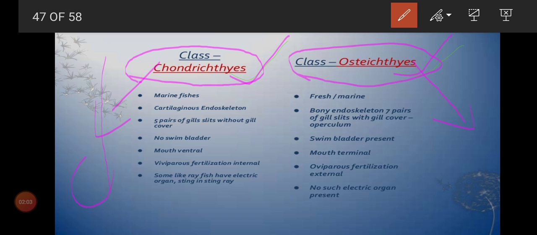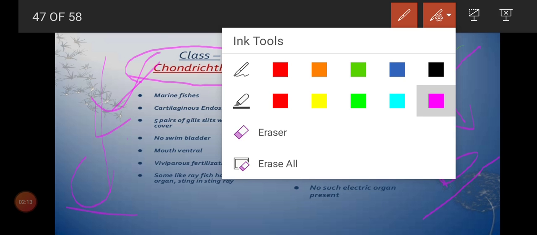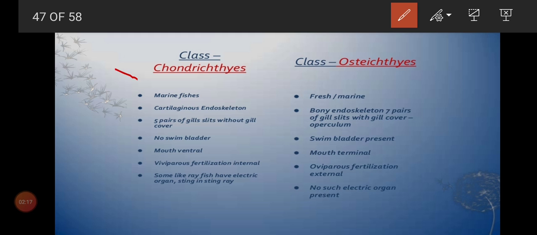Osteo means bone, so it is all bony fish. This is cartilaginous fish, this is bony fish. Is that clear, children? So cartilaginous fishes are Chondrichthyes, and bony fishes are Osteichthyes. That is the main difference you want to remember.